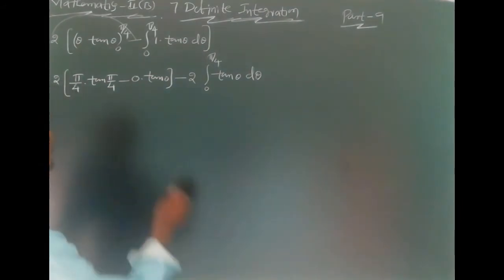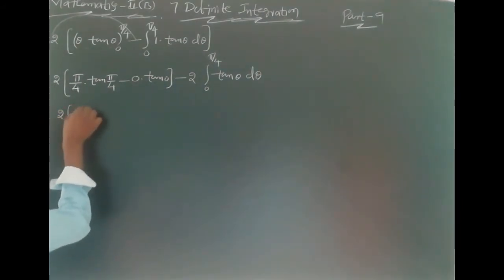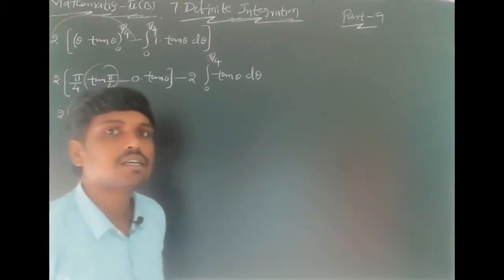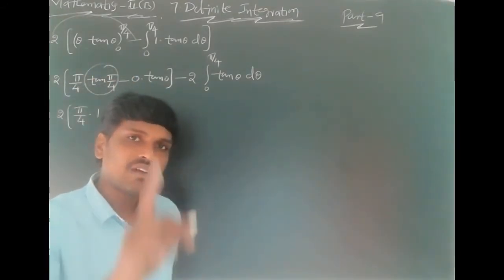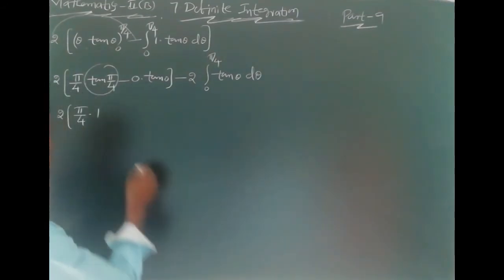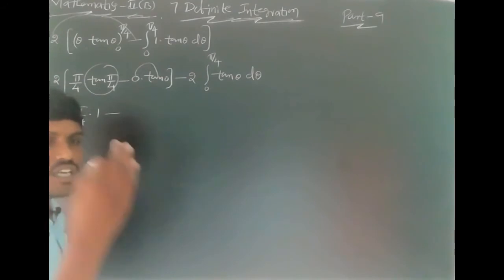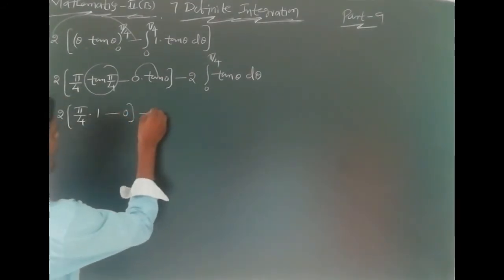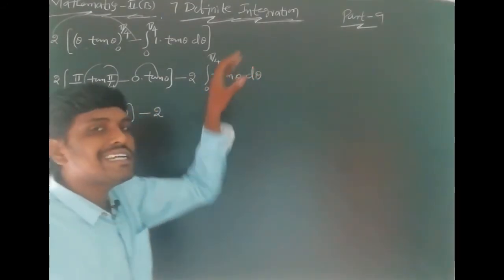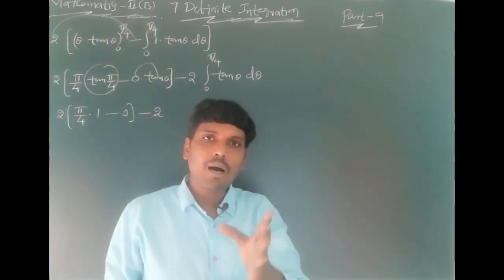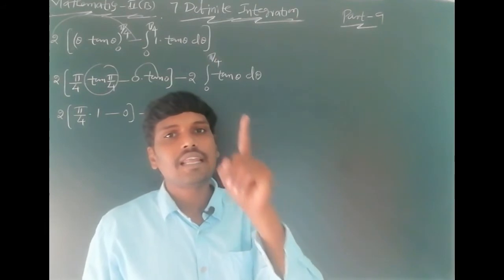After that you can write 2 into pi by 4 into tan 45. Tan pi by 4 nothing but tan 45. Tan 45 value is 1 minus 0 into tan 0 value also be 0. 0 into 0 you get 0 minus 2 into tan theta integration. What is the integration of tan x? This formula explained in integration chapter.